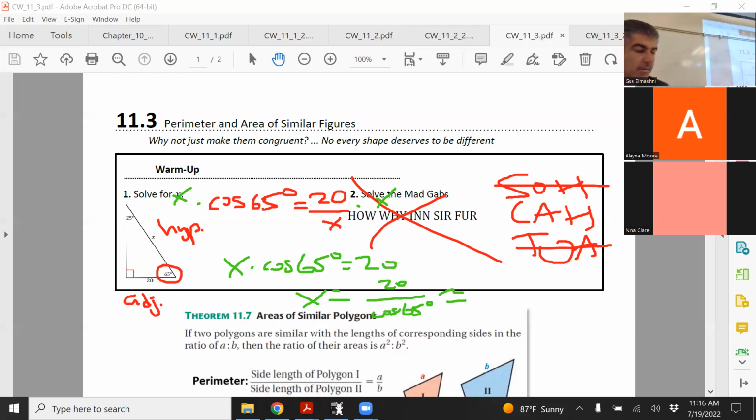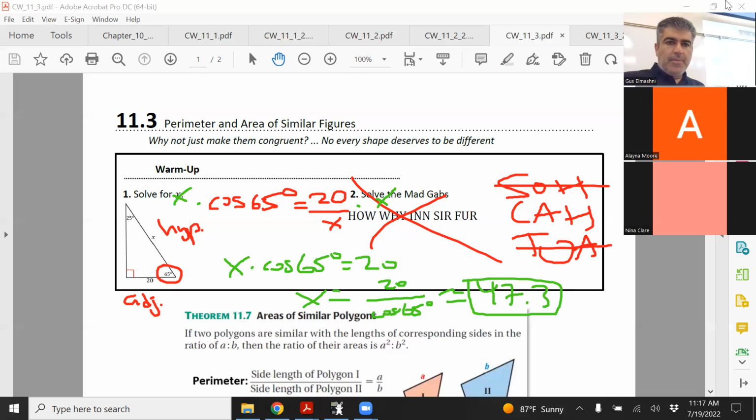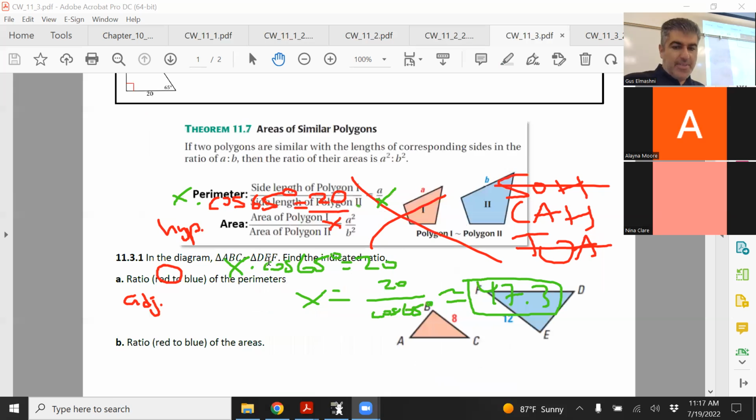Whatever that is. What's 20 divided by cos 65? 47.3. Okay. Questions there? Oh, okay.